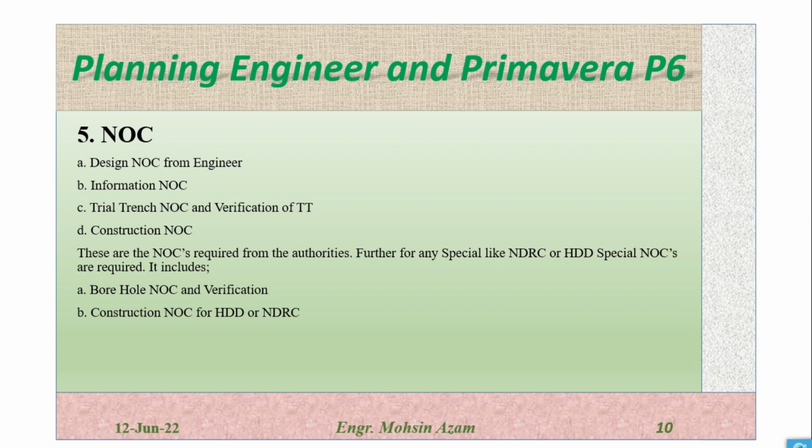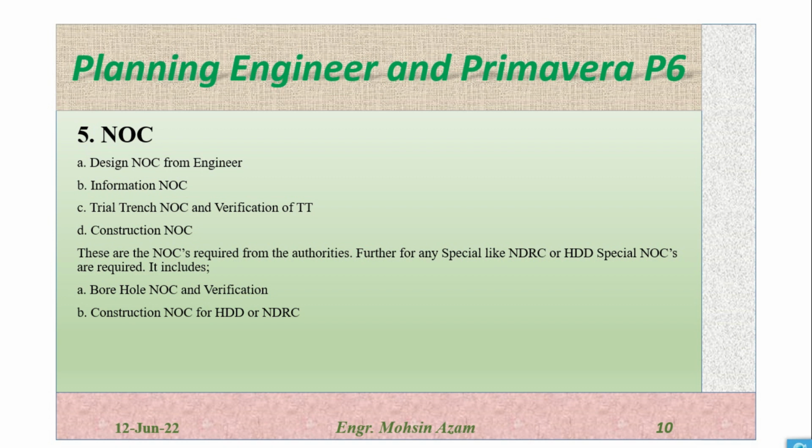This NOC the contractor will submit to get any information on existing conditions from the authorities. After submitting the information NOC, the authority will issue all the existing conditions, and after this we will proceed with the trial trench NOC.